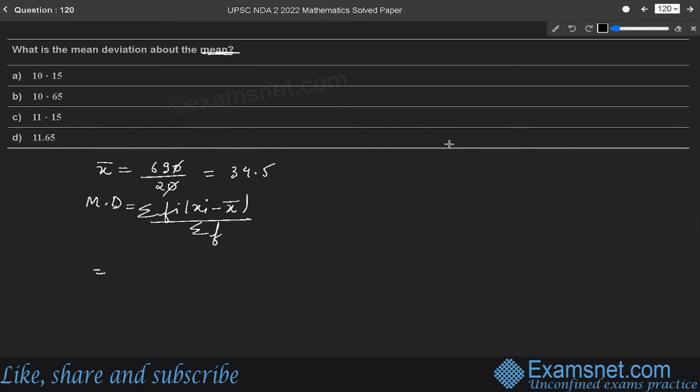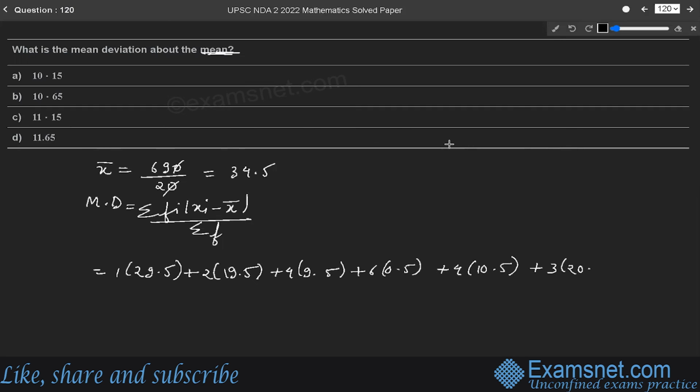On further calculating, it will be 1 into 29.5 plus 2 into 19.5 plus 4 into 9.5 plus 6 into 0.5 plus 4 into 10.5 plus 3 into 20.5, whole upon summation of f, and we know that summation of f is 20. On further solving, you will get 10.65. So the correct option here is option B, which is 10.65.